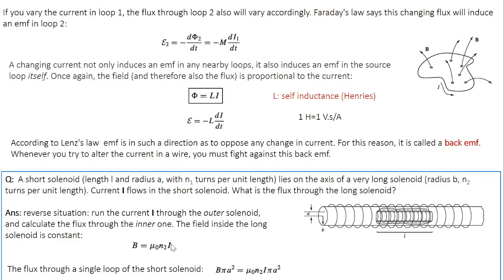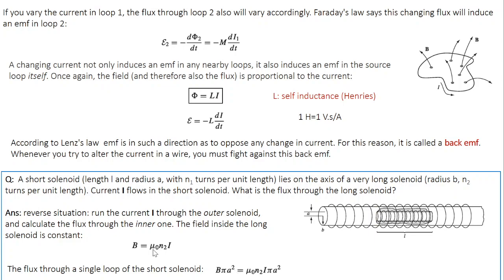Now, when current I flows through the long solenoid, it produces a uniform field along the axis given by mu naught N2 into I. So I can calculate flux through a single loop of the inner solenoid as magnetic field B multiplied by area of one inner loop, which is pi into A square.